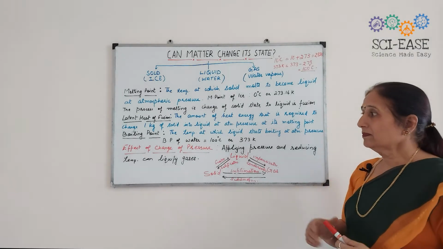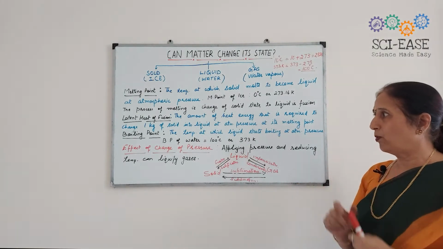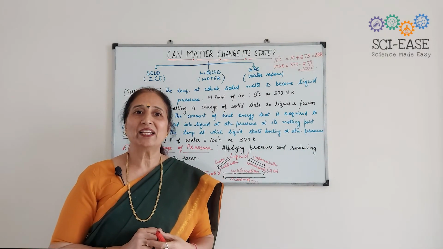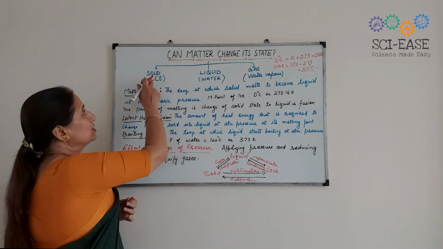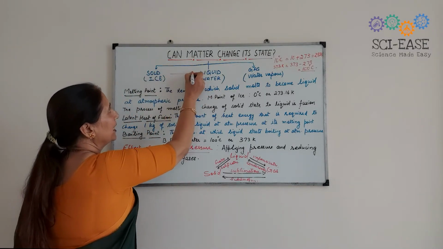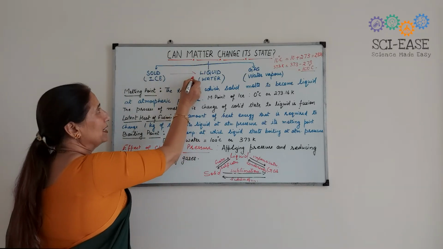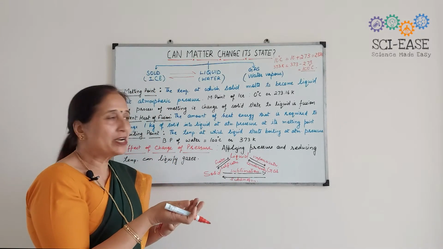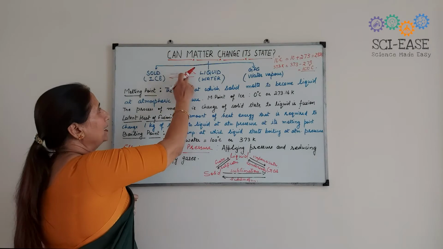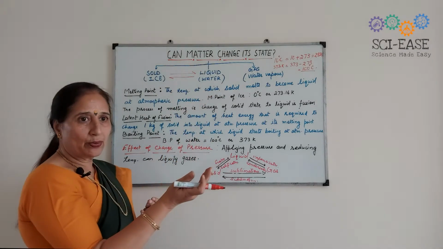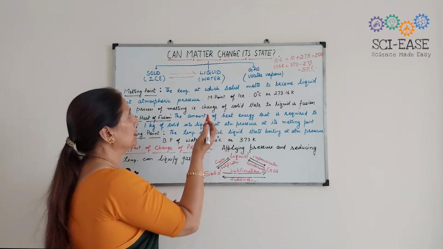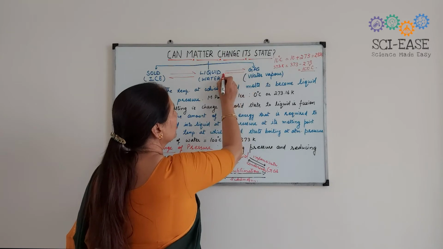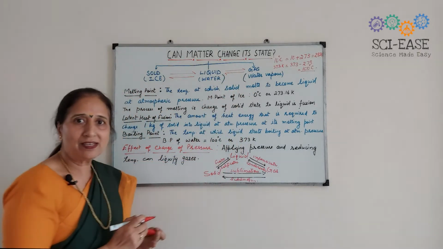So, I have told you about the boiling point. Now, one thing I want to tell you, sometimes I have told you that solid is changed into the liquid, and vice versa. This is a reversible process. Liquid can again change into ice by freezing, and solid can be changed into the liquid by heating, and then liquid can be changed into gaseous form, and gases can also be changed into the liquid by the process of condensation.